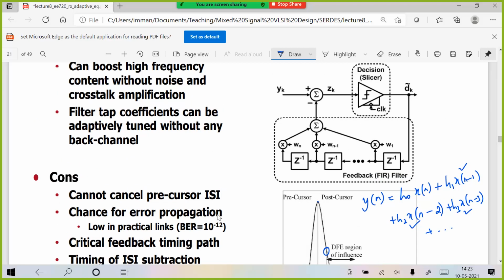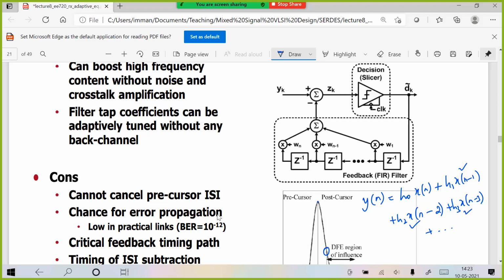So as the decision gets pushed into this delay chain, what you're doing is W1 into x of n minus 1, W2 into x of n minus 2 and so on. All this added up together is the estimate of the ISI that has been added to your incoming signal.